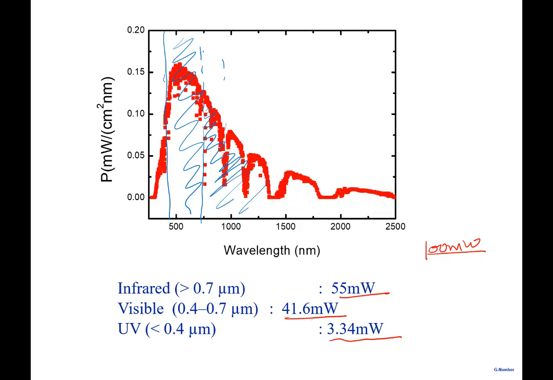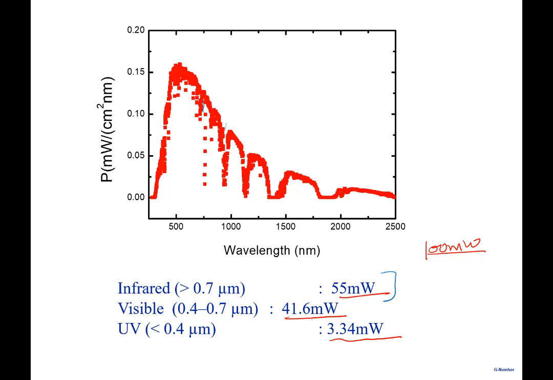Now this is interesting, because if you look at this number, infrared, 55 milliwatt, it raises the possibility that you can make a solar cell which absorbs only in the infrared and allows all the visible light to pass through. Suppose you could do that by some means.